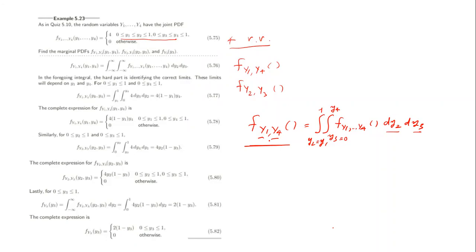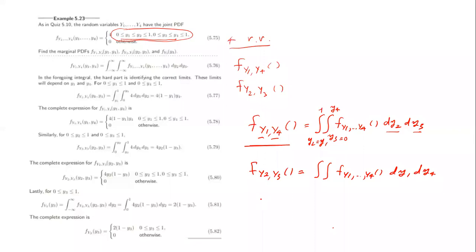Similarly, we can try for y2 and y3, right? Where we got again a double integral of f(y1 to y4), now with respect to y1 and y4. And the limits of those random variables are already given in the general joint PDF, so we can easily determine this.